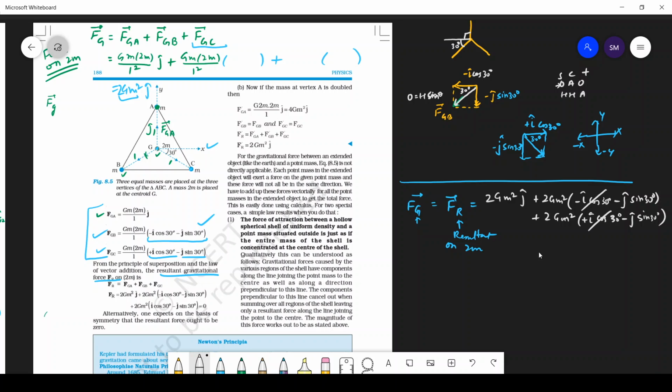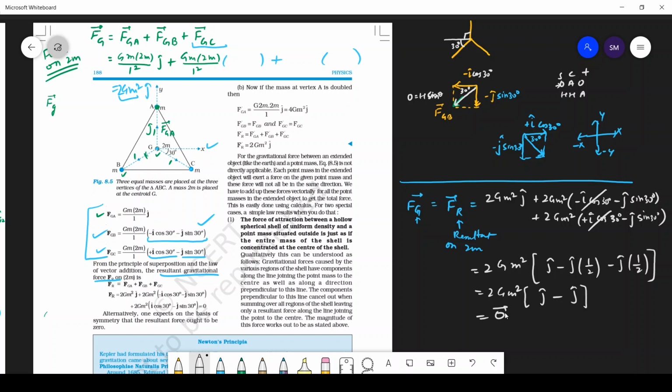And what about the rest? You can see that we have common 2g m square, right? And what we are left with here is j cap, and here minus j cap into sin 30, that's 1 by 2. So that's 2g m square into j cap minus j cap by 2 minus j cap by 2, and they cancel out and the result is 0.